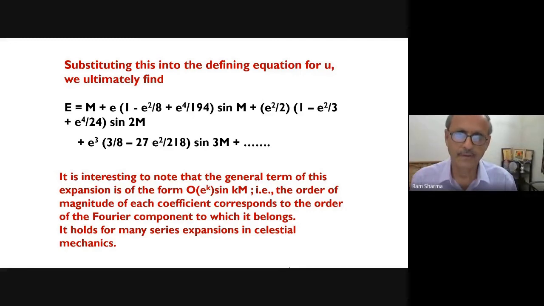The order of magnitude of each coefficient corresponds to the order of the Fourier component to which it belongs. It holds for many series expansions in celestial mechanics. This is an interesting method, and it works well. If you check these values, it will certainly work. We can even compare both methods to see how they work.